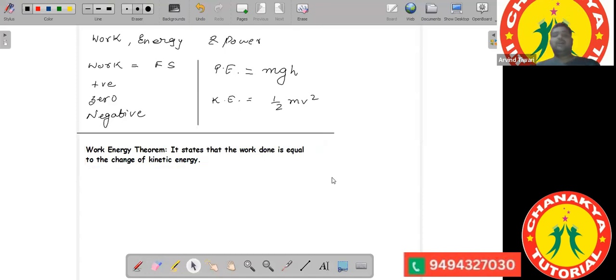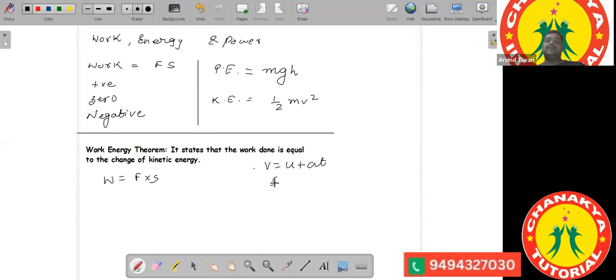And how do we derive it? Analytically, we obtain the work energy theorem as follows. Since work is defined as force times displacement, we obtain the value of displacement from the kinematic equations of motion. As you know, the kinematic equations of motion are: first, v equals u plus at.